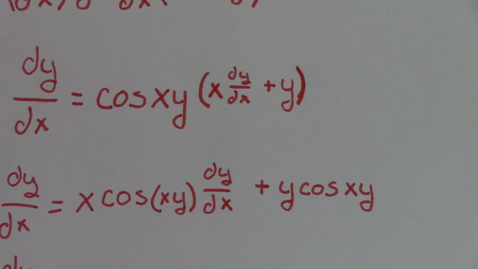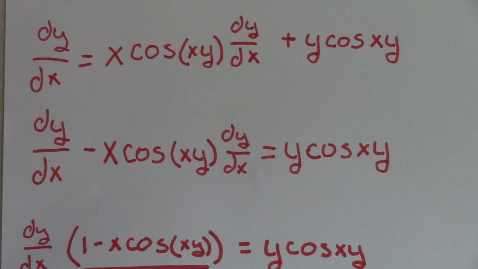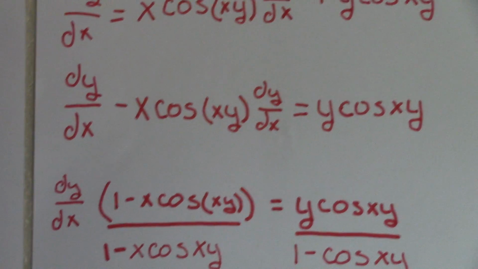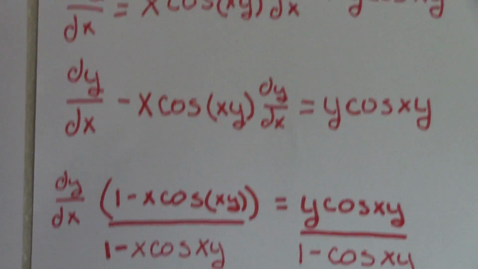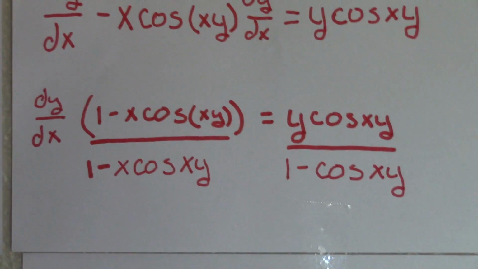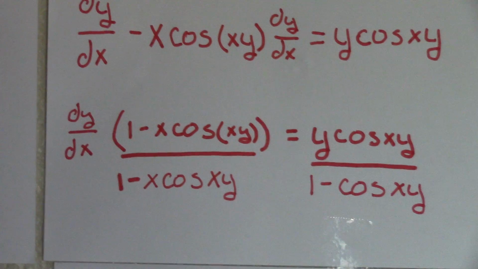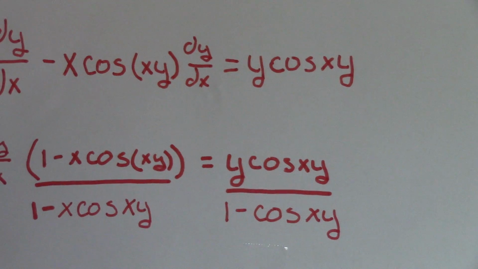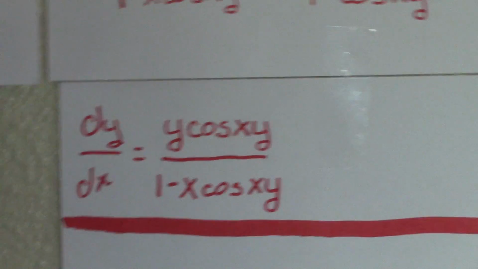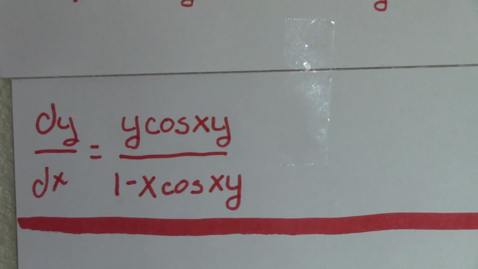Now that's just simplified. Then from there it's basically just taking out dy/dx and dividing by 1 minus x cosine xy, with the y cosine xy on the other side, and then there's your final answer. Alright, that's it for implicit differentiation.